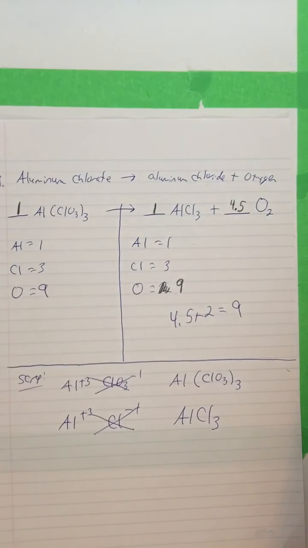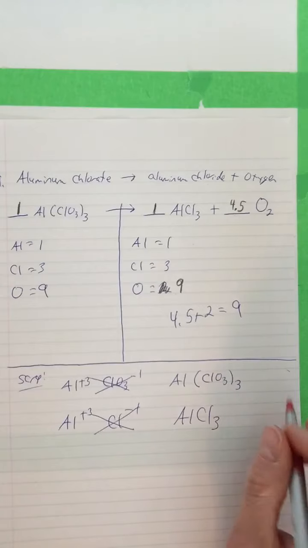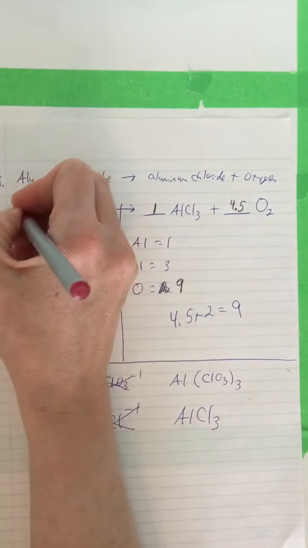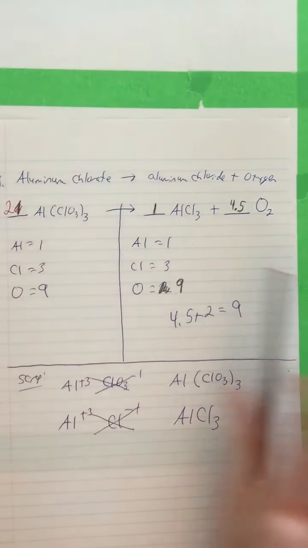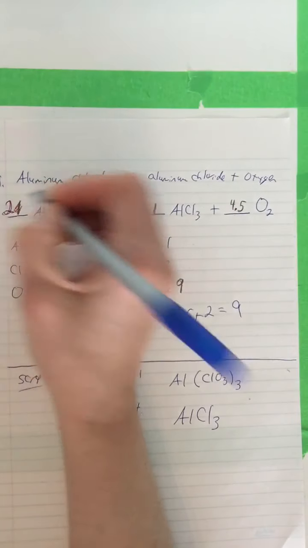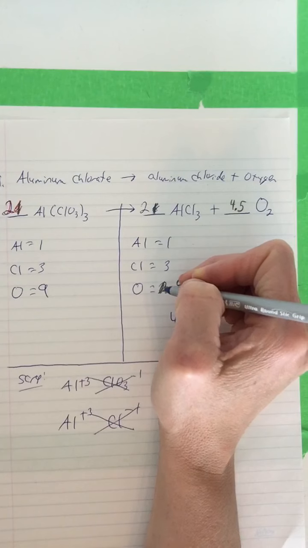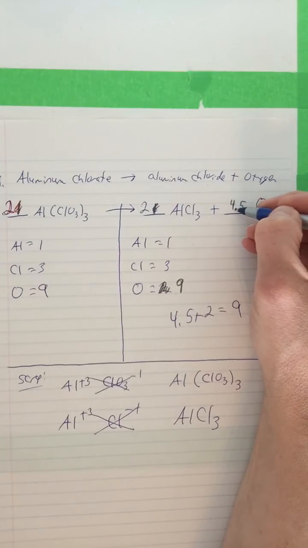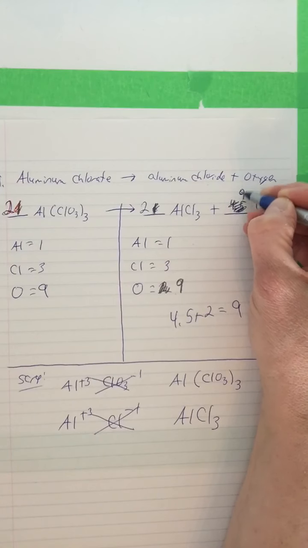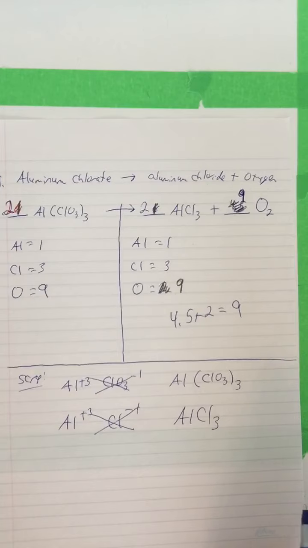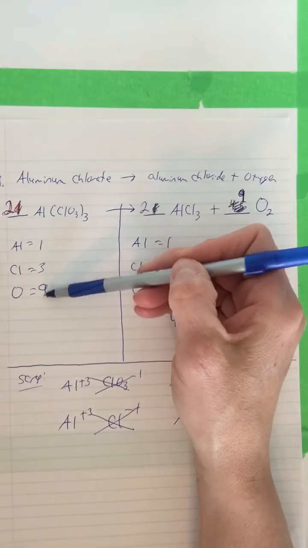See what happens. So I'll use a blue pen. Maybe you can see it better. If I multiply 1 by 2, I get 2. And if I multiply 4.5 times 2, I get 9. Now I have whole numbers. And now I'm perfect.